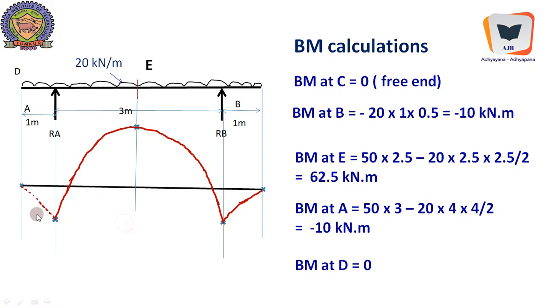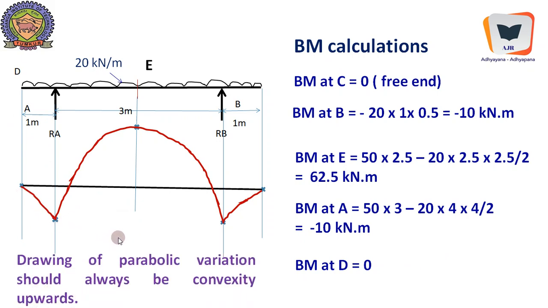Now this is also plotted to be a parabola, and while we plot the parabolic variation in any beam, whether it is simply supported or overhanging or cantilever, double overhanging, whatever, whenever we draw the bending moment variations, we should show the convexity upwards. Concavity should not be shown, okay, upwards. It is because the variation happens this way only. Yeah, so this is convexity upwards, and the values are placed over here.